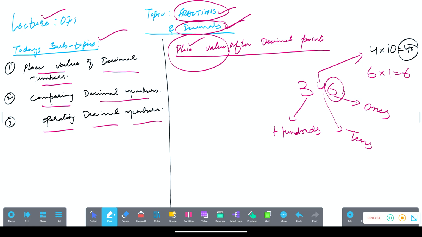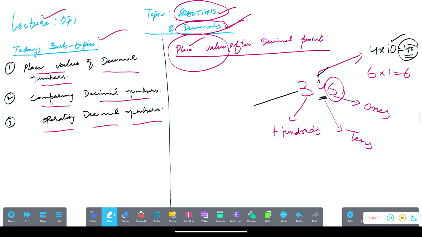So 4 is the actual digit that we are seeing here, but since it is at the tens place, it has to be multiplied with 10, and you will get its value equal to 40.